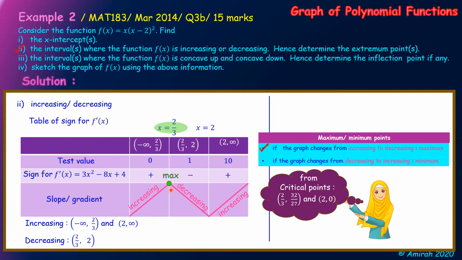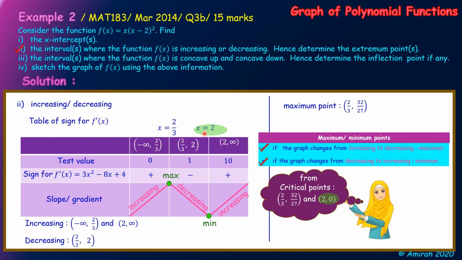So the graph has a maximum point at x equals 2 over 3, which means the critical point 2 over 3, 32 over 27 is our maximum point. If the graph changes from decreasing to increasing, we get a minimum point. Here it is decreasing and then increasing, so we get a minimum point at x equals 2.